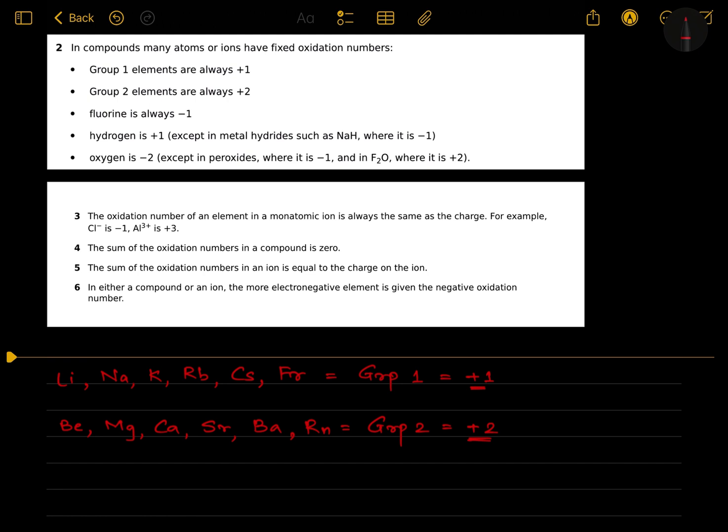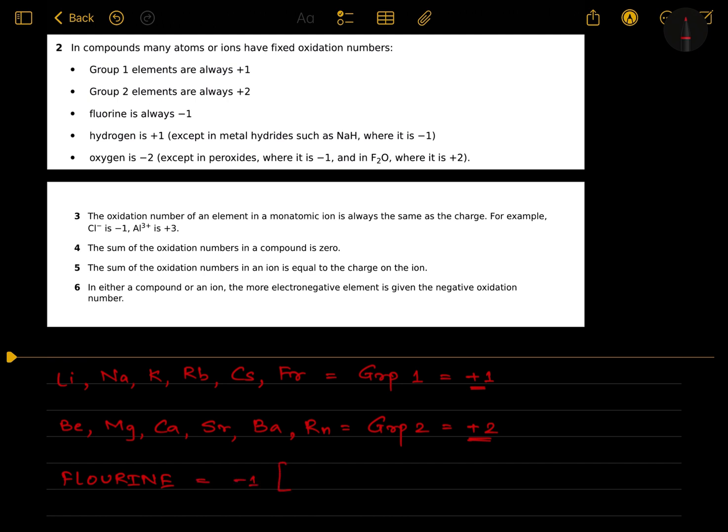Similarly, fluorine is the topmost electronegative element, so fluorine would always gain an electron. How many electrons? It would always gain 1 electron. So irrespective of whatever element is attached to fluorine, fluorine would always have the oxidation number -1.